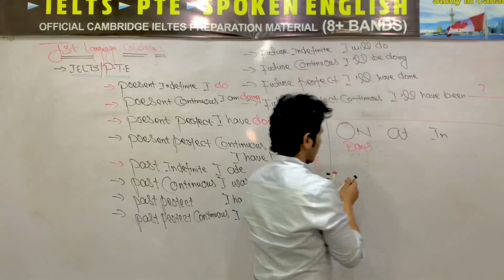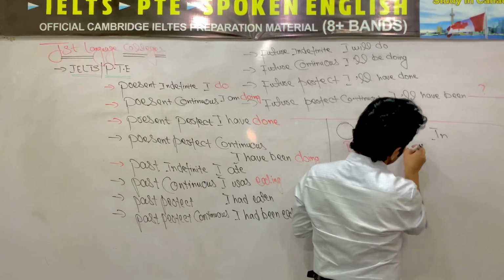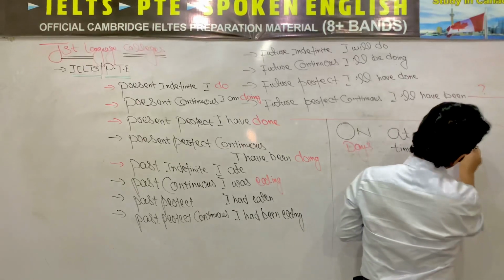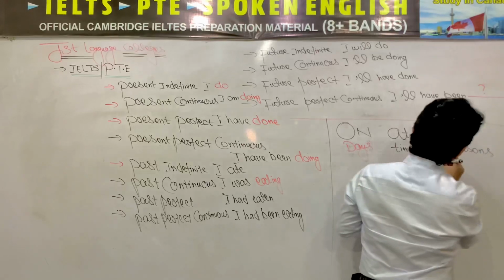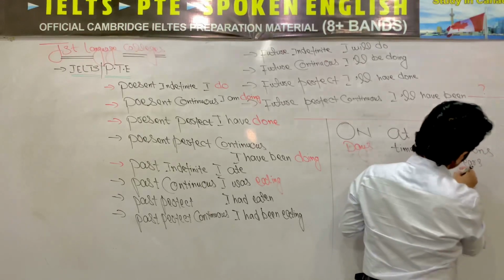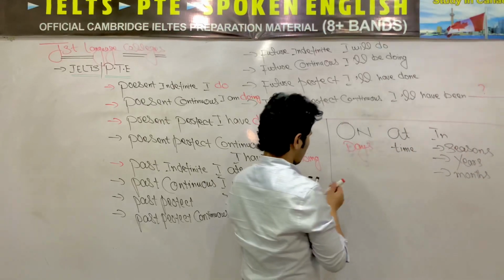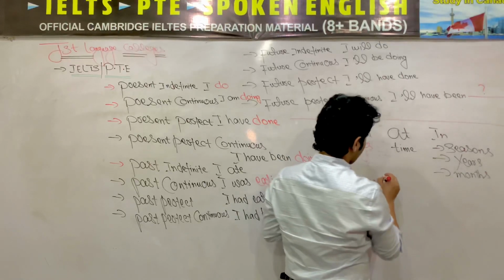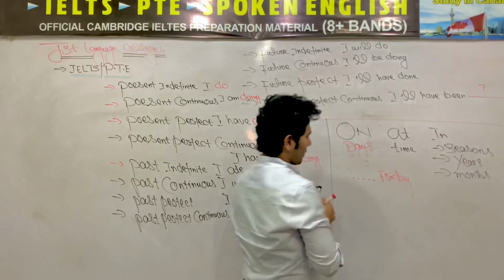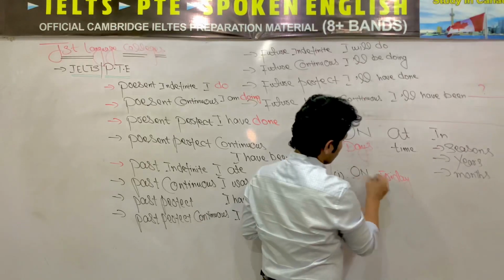We use at normally for time, and we use in for seasons, years, and months. Let's see some examples. If I say Friday, what will be the preposition here? Number one, on, because it is a day.